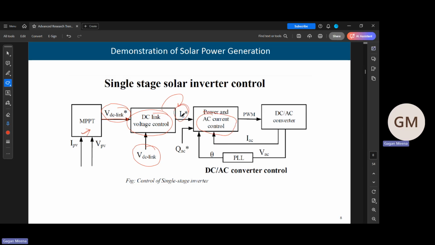And this DC link voltage control generates the ID star, the active power reference, and the AC current control block takes inputs: the D axis current reference and reference reactive power. And this will generate the PWM pulses for the DC to AC inverter.